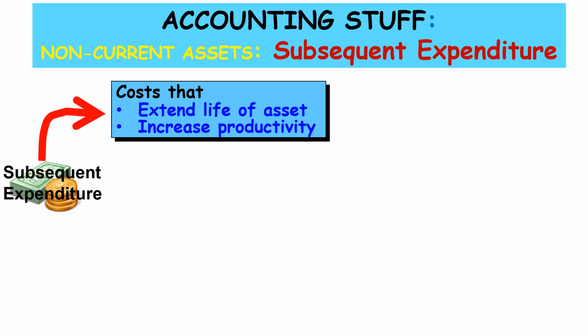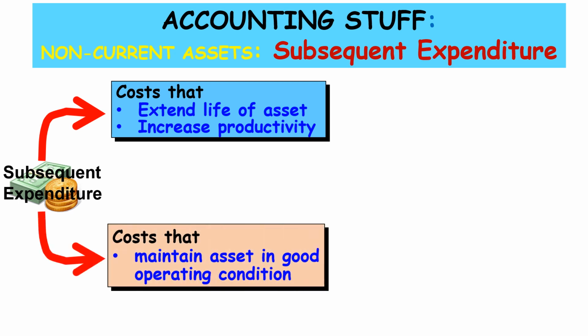Now, subsequent expenditure would be costs that extend the life of the asset. The money spent can increase the productivity of the asset, or they could be the costs that maintain the asset in good operating condition. So whenever a business spends money, it will either extend the life of the asset, increase its productivity, or it will maintain the asset in good operating condition.